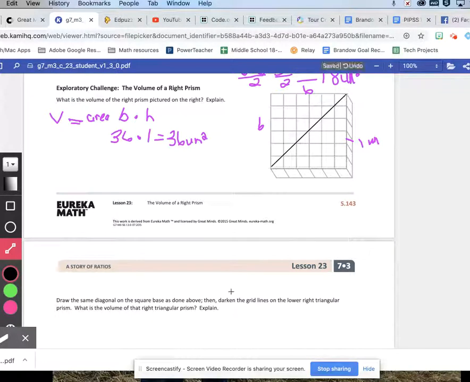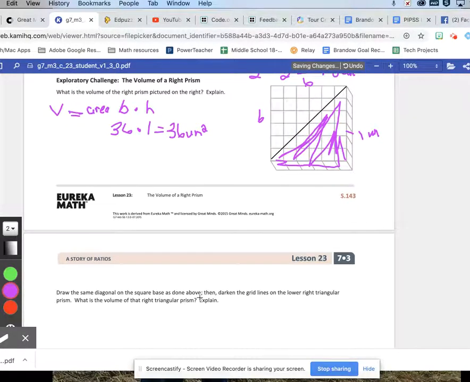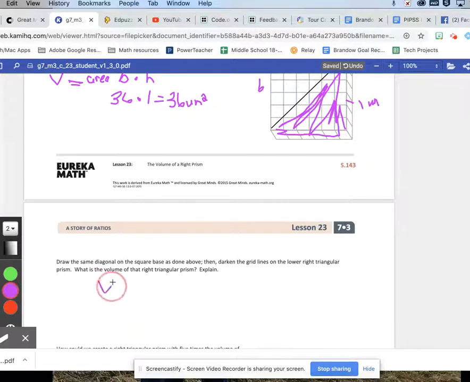So that would be here, and then they're wanting the volume of this piece, this side. Well, volume is area of the base, or B, times our height.